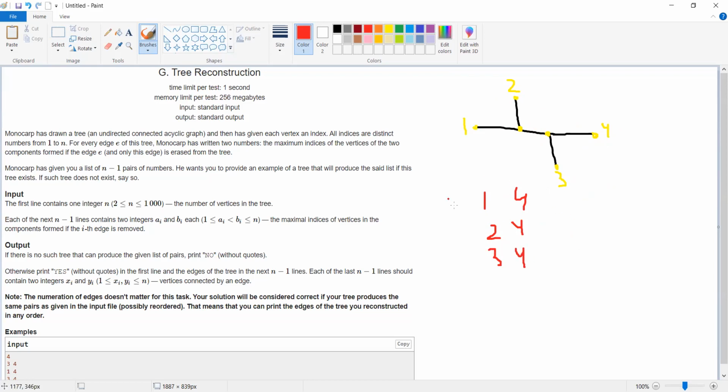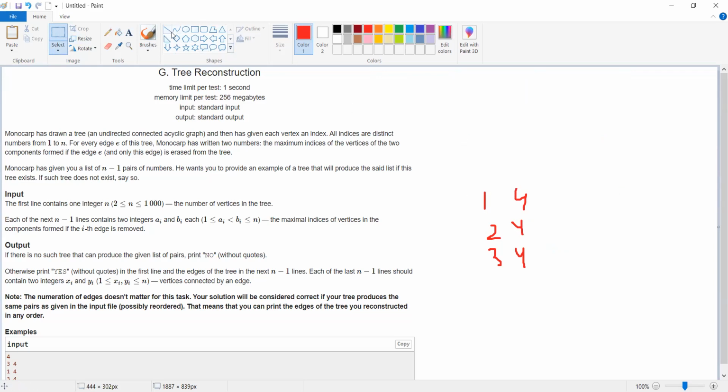This is the description of our tree. Our task is to reconstruct the tree from this description. Let's note one thing: it doesn't matter what the shape of our tree is.